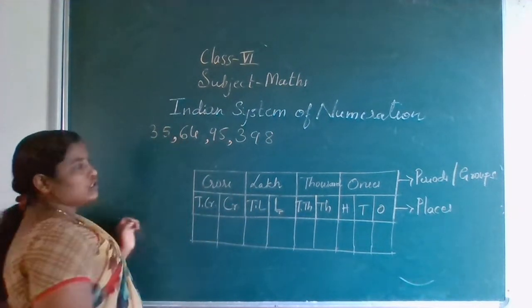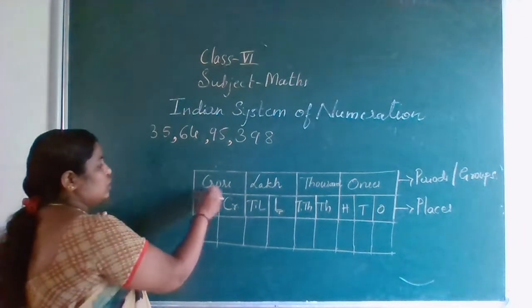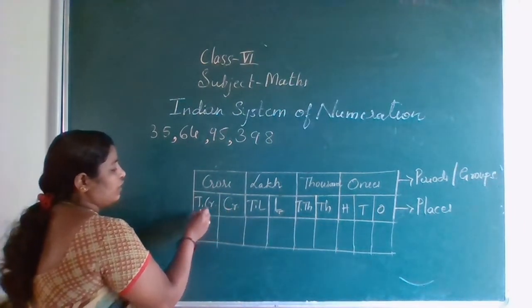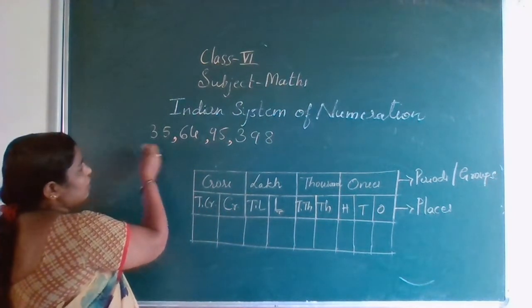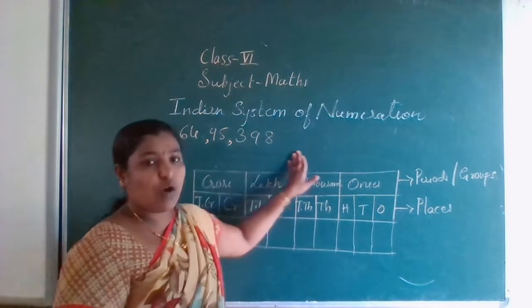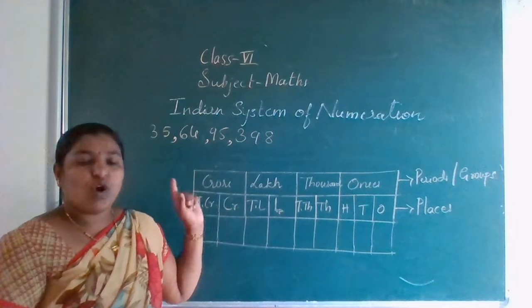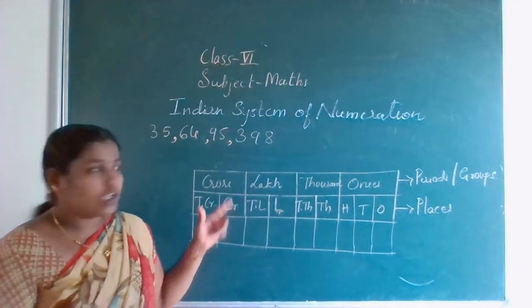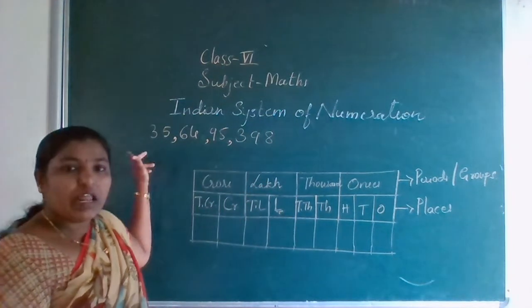After two numbers you give another comma. Next, crore and ten crore. Here there are no more numbers, so no need to give a comma. So this is how to give the commas. Always make the groups from right to left.